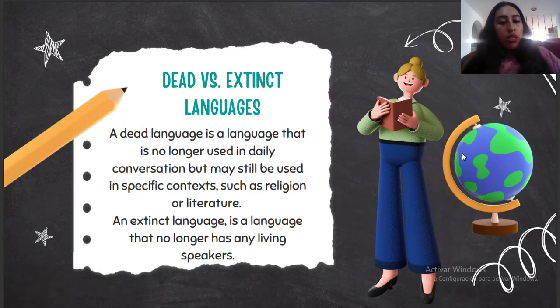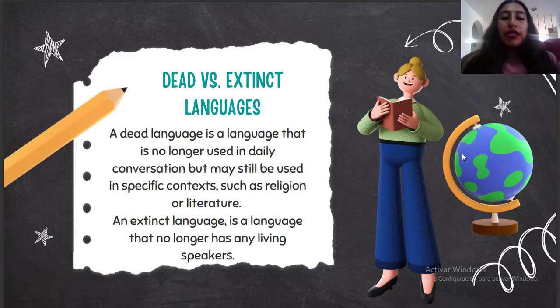Okay, now continue with dead versus extinct languages. A dead language is a language that is no longer used in daily conversation, but might still be used in a specific context, such as religion or literature.